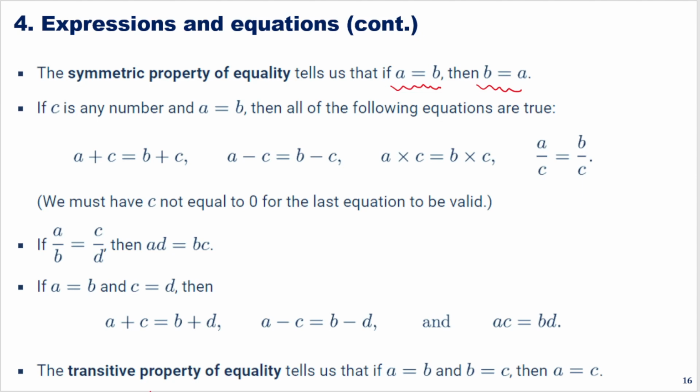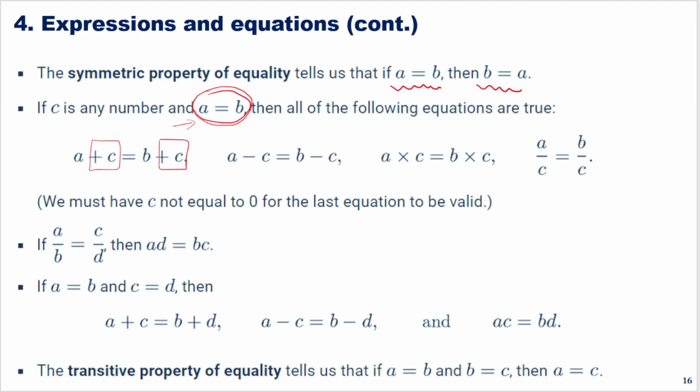And next, if C is any number and A equals B, then all of the following equations are true. First of all, A plus C equals B plus C. Well, remember, this is a condition. If we have A equals B, C is a number, then if we add the same number to both sides of the original equation, the new equation is also true, right?